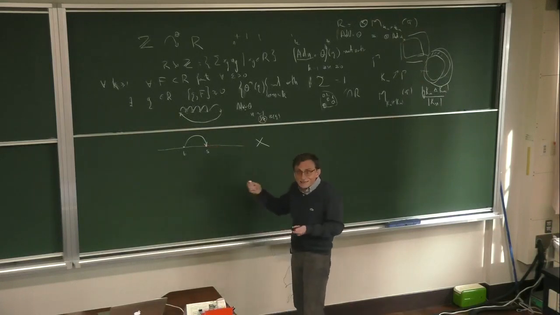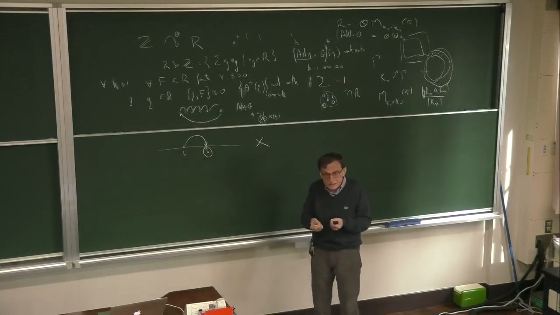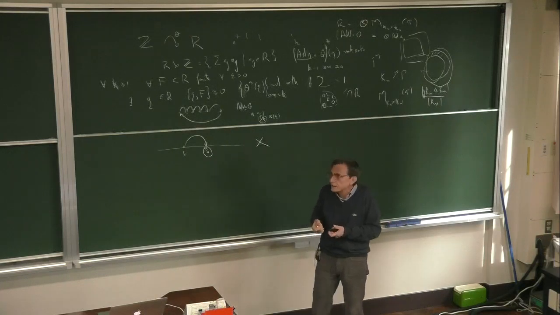However, in addition, at each point you have a II1 factor, and there you may have isotropy. So at each point you may have a group acting.